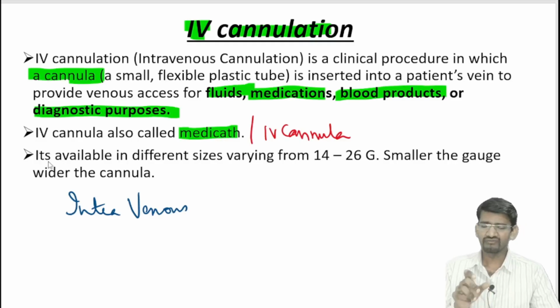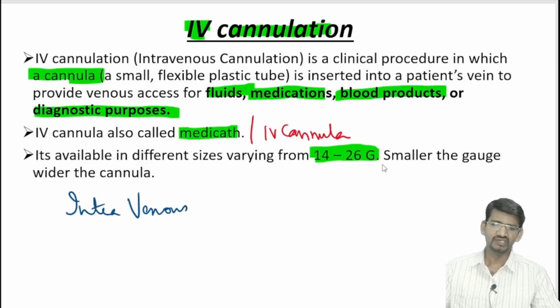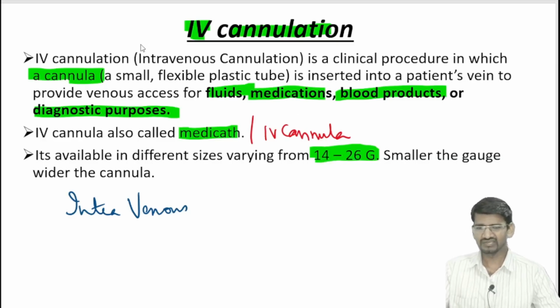We have different sizes of cannula with different color coding. The size of the cannula varies between 14 and 26 G, where G stands for gauge.